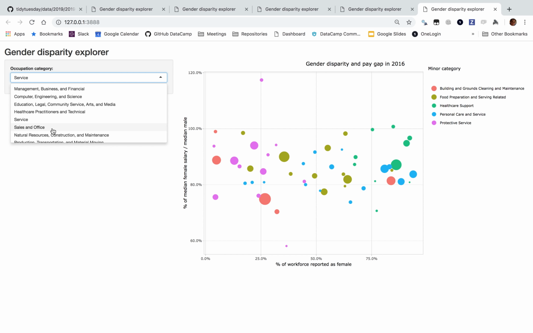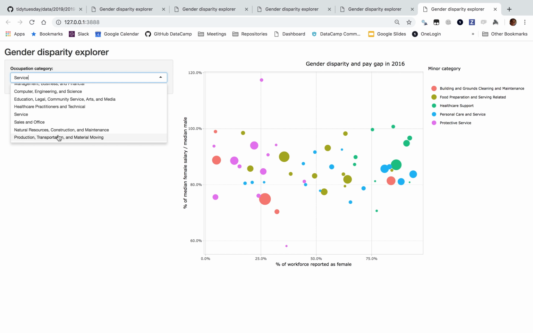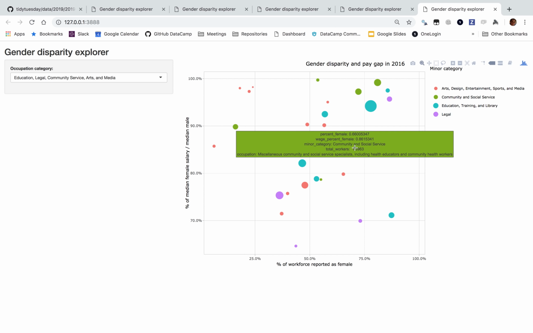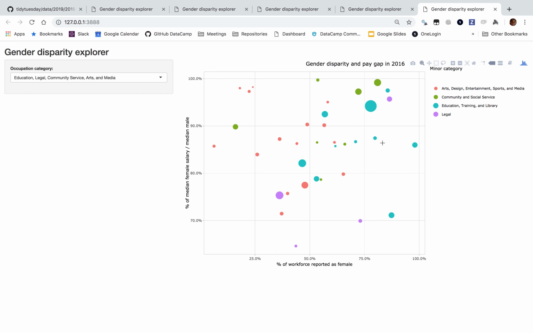Okay, and a little more within education, legal. Maybe a correlation, it's a little hard to say, but we can say that the minor categories that tend to be areas like education, training, library are more female dominated, and arts and design is kind of balanced around 50-50.